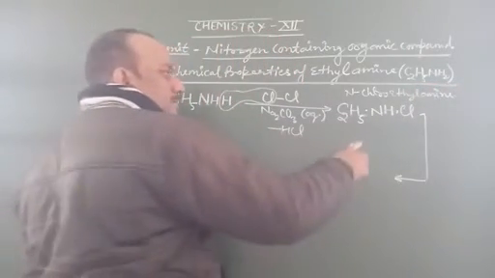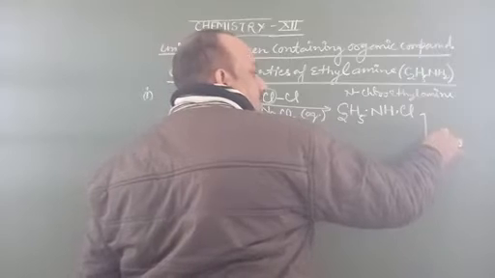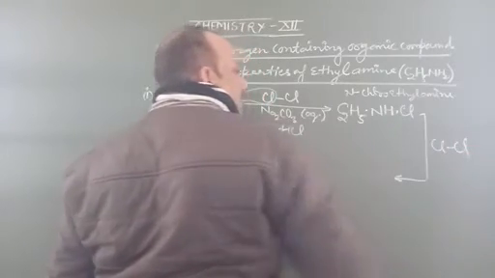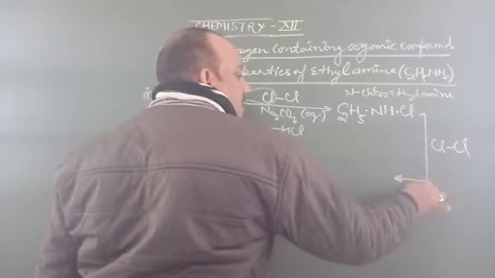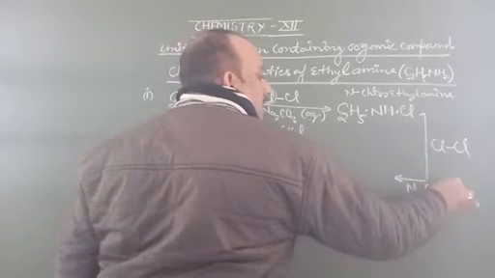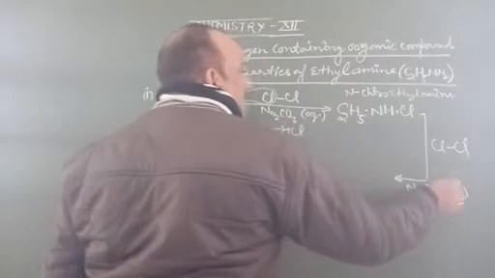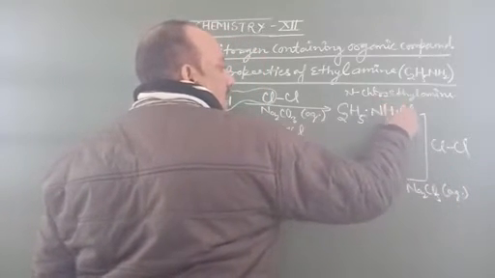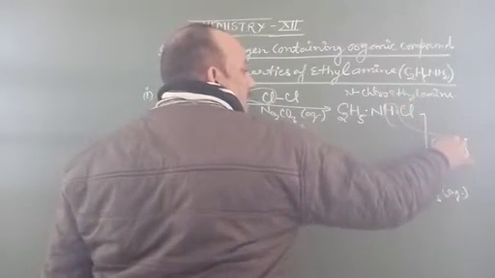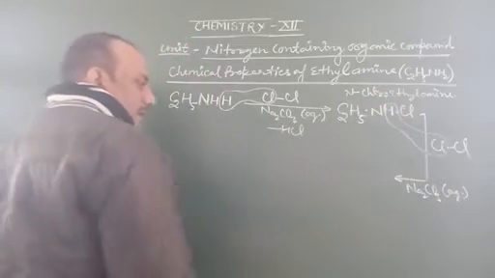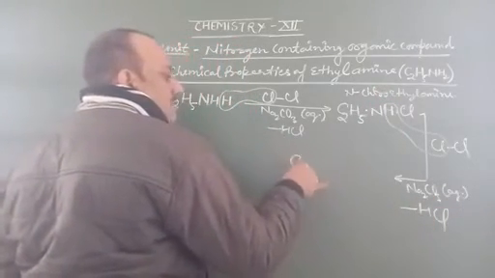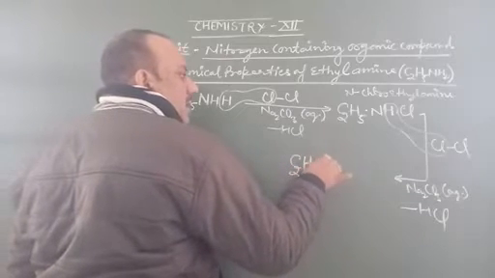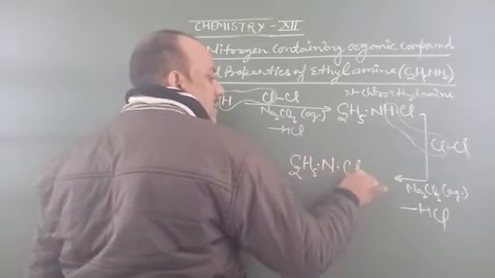And then this product reacts with chlorine in the presence of aqueous Na2CO3. Then another hydrogen atom is also subtracted with chlorine. Then it makes C2H5NCl2.